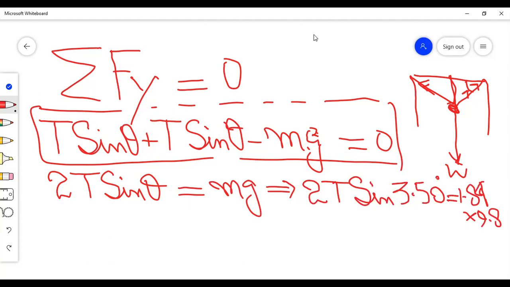So this implies 2T, and sine of 3.50, what is sine of 3.50? 0.061. If we are putting the value of sine theta, that is 0.061.